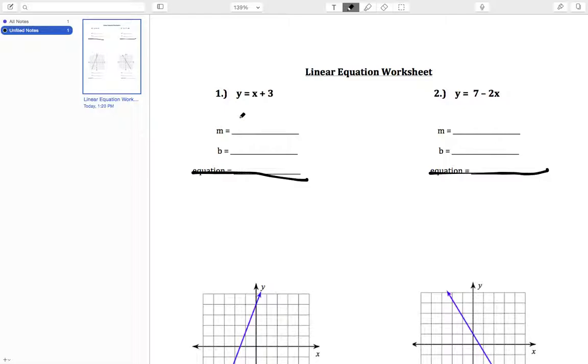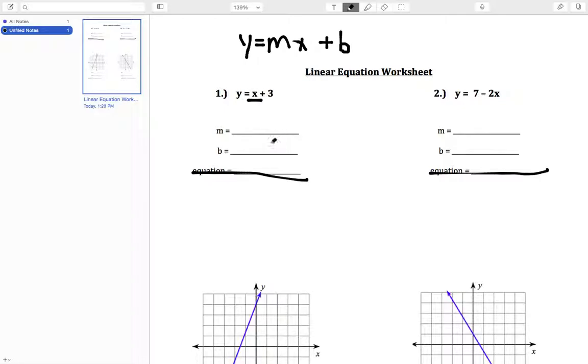All right, so you look at your first equation. You always look for the x because we know the equation is y equals mx plus b. Your m is your slope. So to figure out what your m is, you always have to look for the number next to your x.